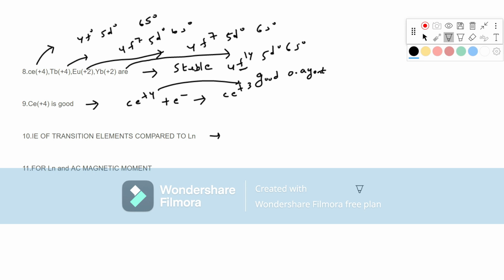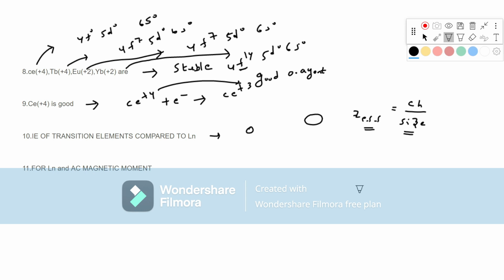Transition elements are very small in size, but lanthanides are big in size. Charge density equals charge by size, so effective nuclear charge equals charge by size, which means effective nuclear charge is inversely proportional to size.